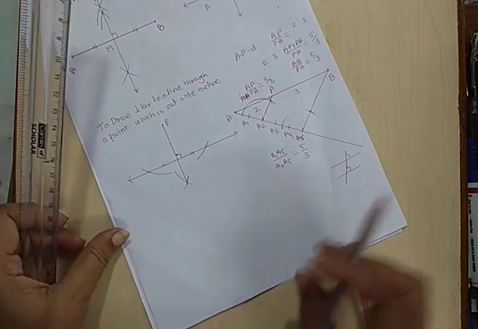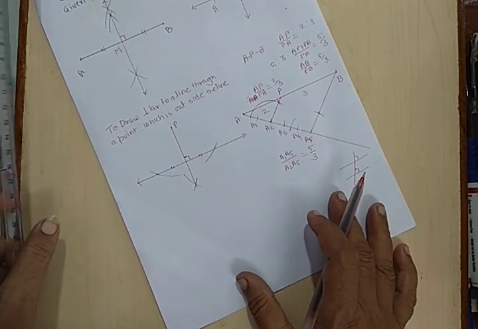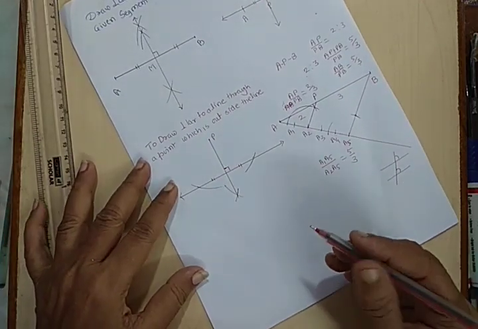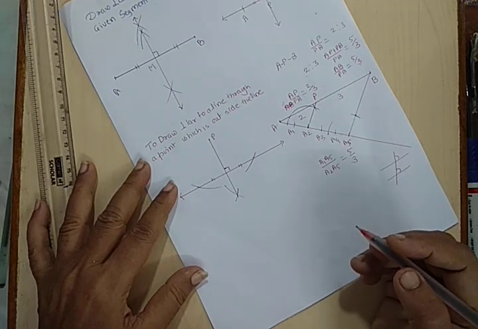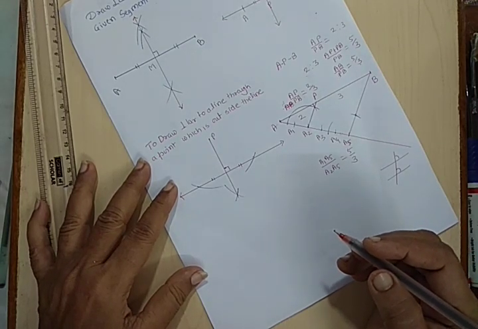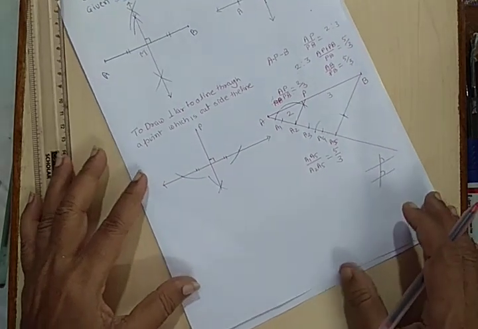Now, we are all familiar with drawing triangles by different tests. SSS: if three sides of a triangle are given, we can draw the triangle. If two sides and the angle between them, or one side and two angles and the side between them are given, we can draw the triangles.